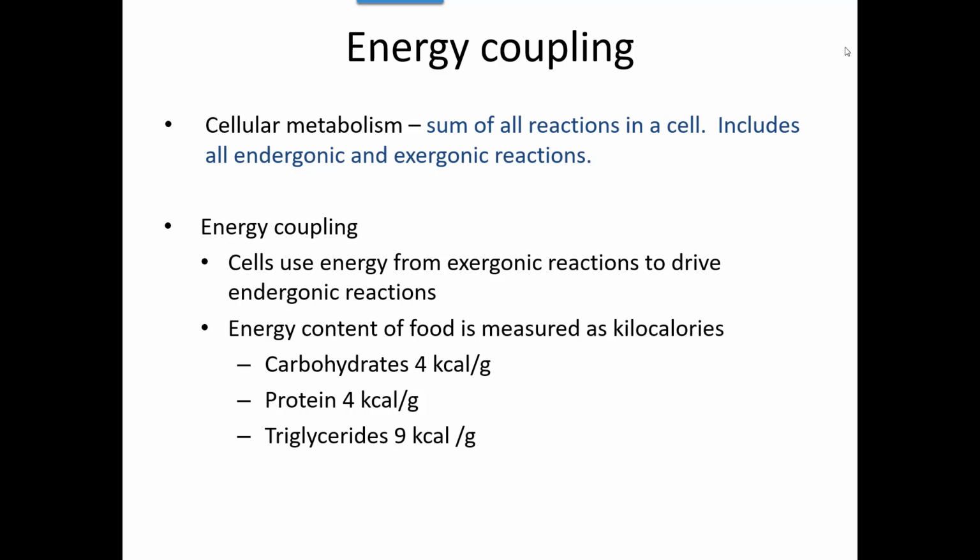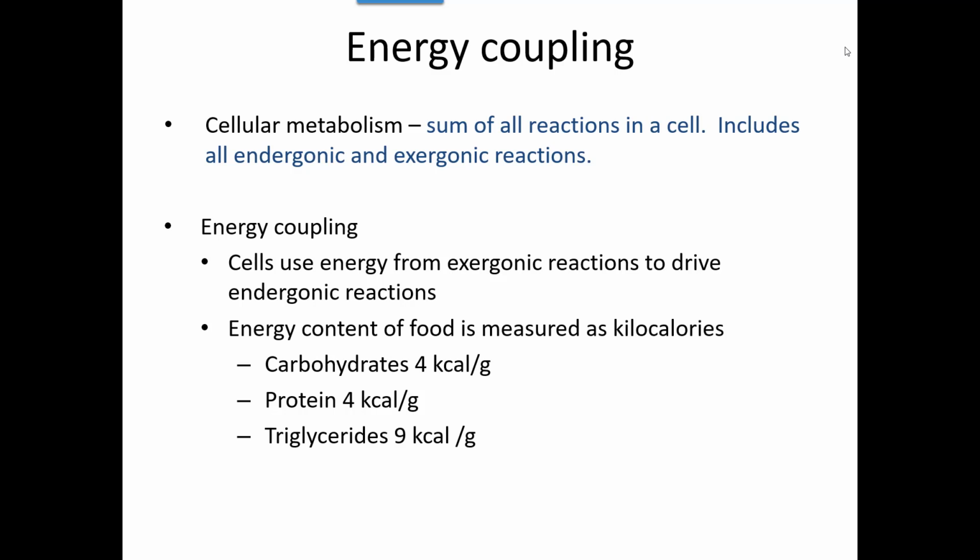Now, because the reactions are opposite of each other, one takes in energy, one releases energy, a lot of times the cells will couple these two reactions together, so that if we need some product and the reaction to make that product requires energy, we have to get the energy from somewhere.